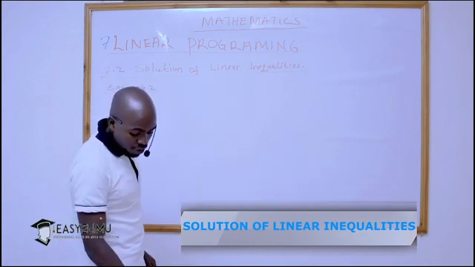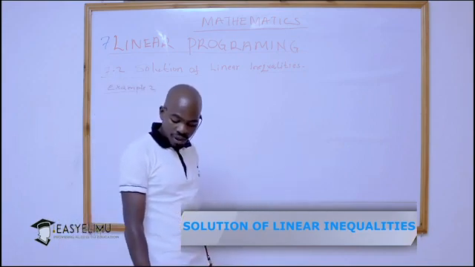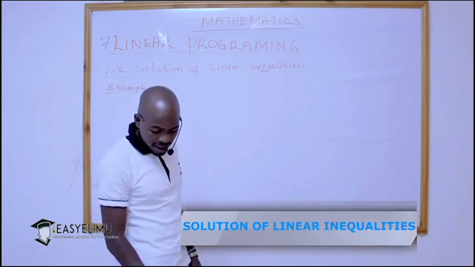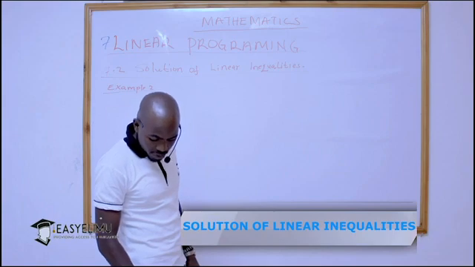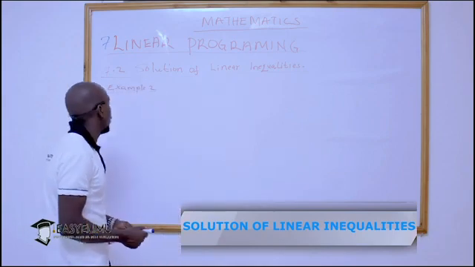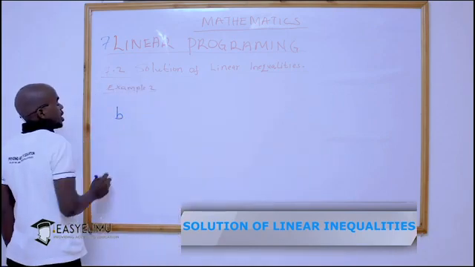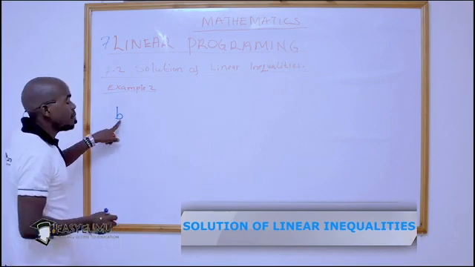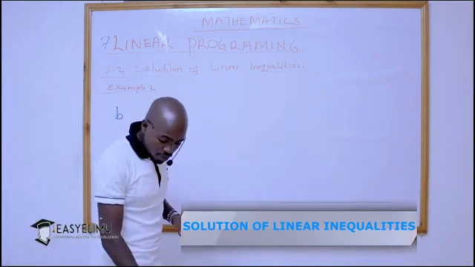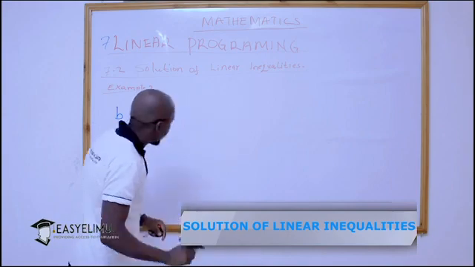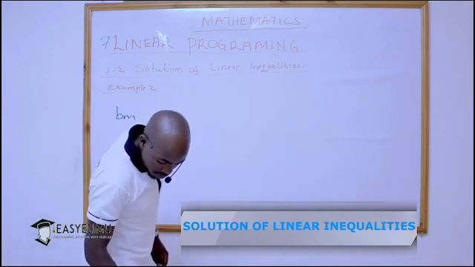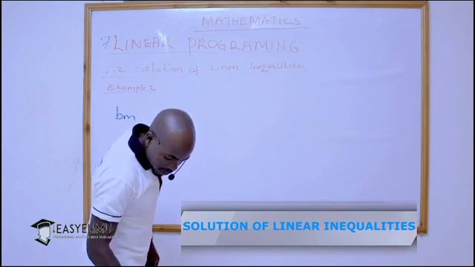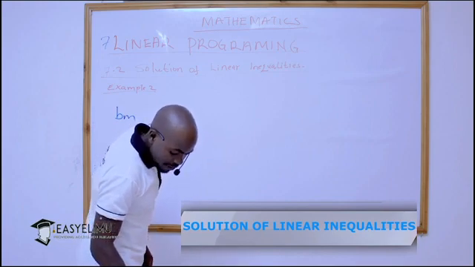So the length of the room is 4 meters more than its width, and the width is greater than 5 meters, and we are also being told that the width of the room is b meters. So b is the width of the room, but we have been told that this width is greater than 5 meters.